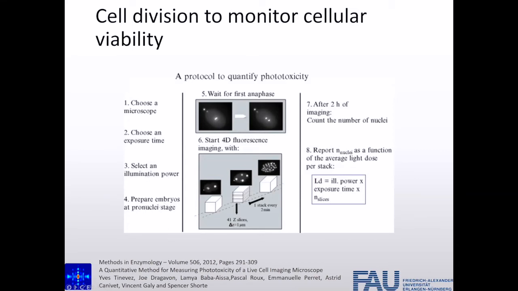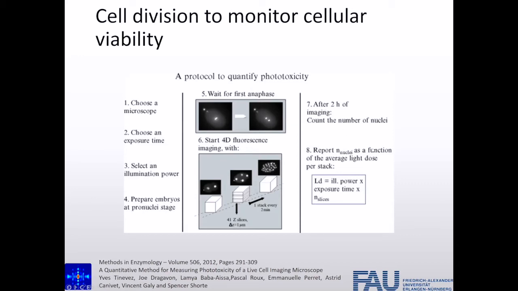You prepare embryos at a pronuclear stage. This is something that is probably not so easy for most of the people, but this is how you do it. Then you stain for the nuclei. You wait for the first anaphase to appear. Then you image this for 2 hours in 4 dimensions, so a Z-stack over time. And then you count the number of nuclei.